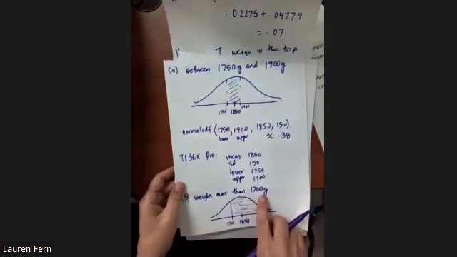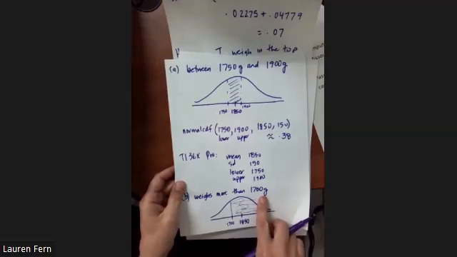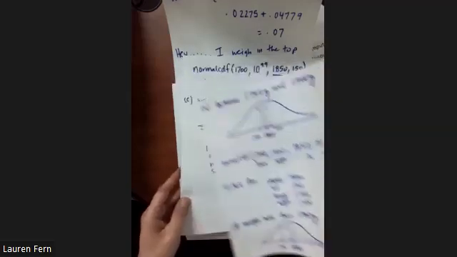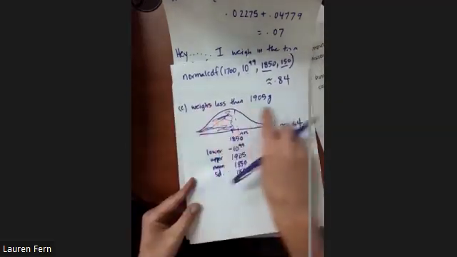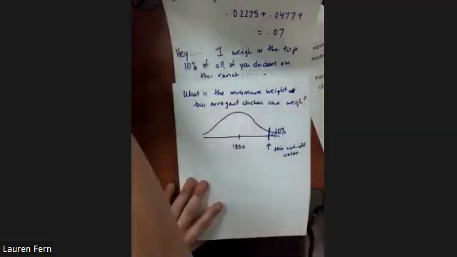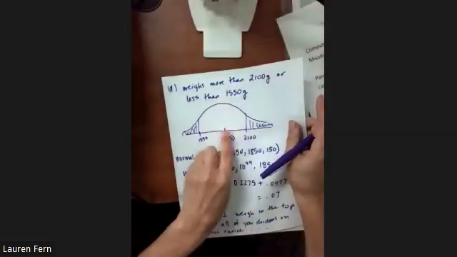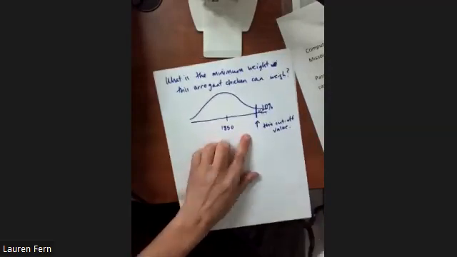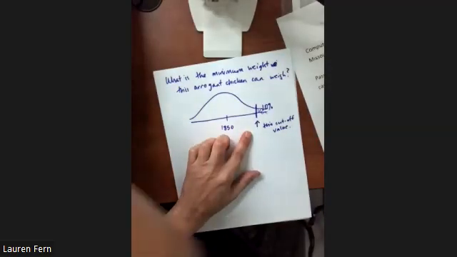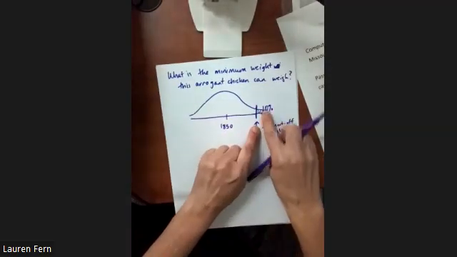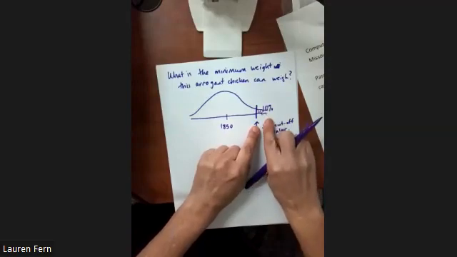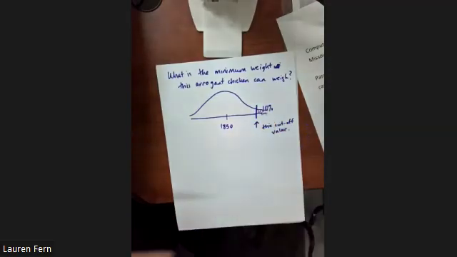I gave you the relevant data points and I wanted you to find the area or percentage, even here and even here. Now what I'm doing is the opposite. I'm giving you the area or percentage, and I want you to find the weight.